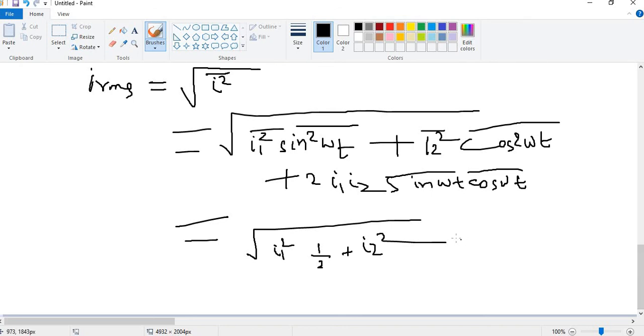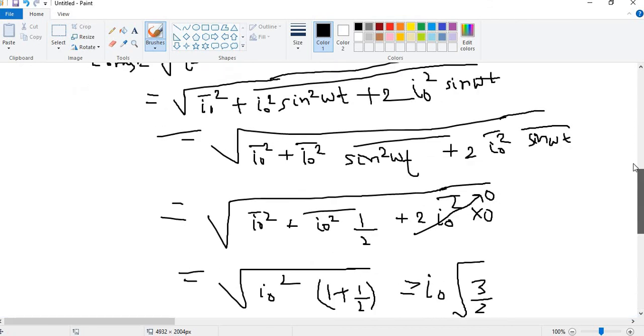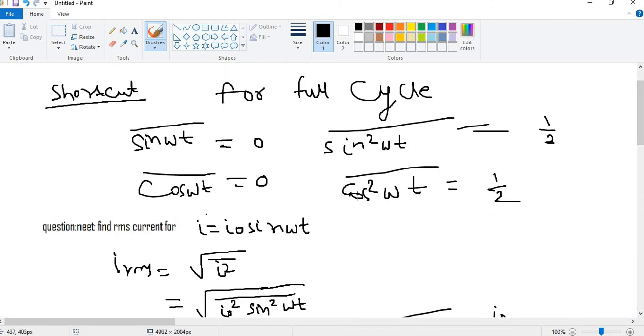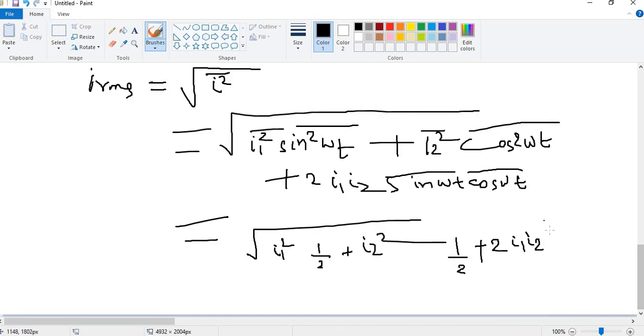Then we have 2 into I1 into I2 and sin omega t into cos omega t. The mean of sin omega t cos omega t is 0, so it all goes to 0.